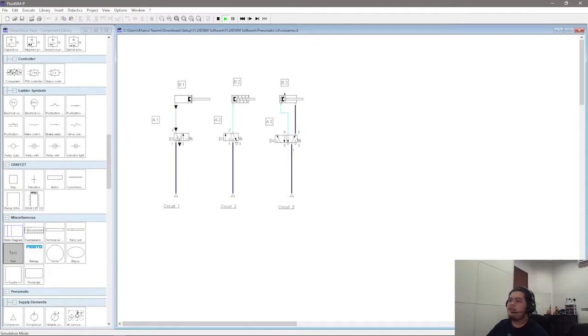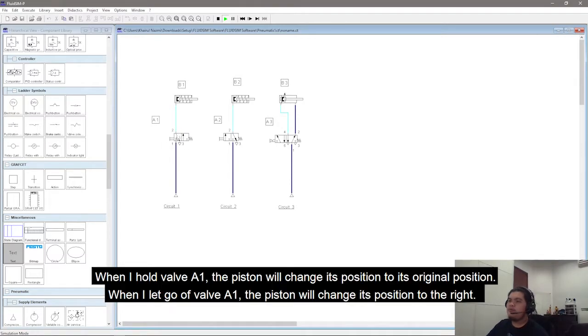This push button is a momentary push button, so when I hold valve A1, the piston will change its position to its original position here. When I let go of valve A1, the piston will change its position.